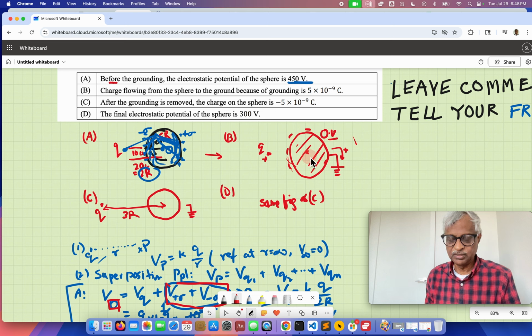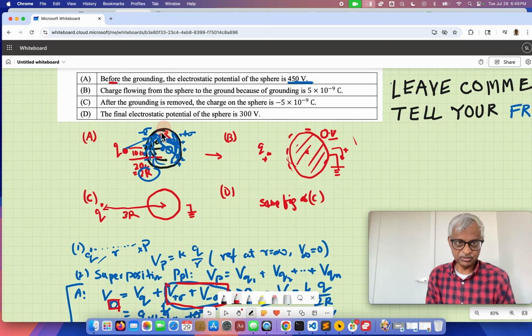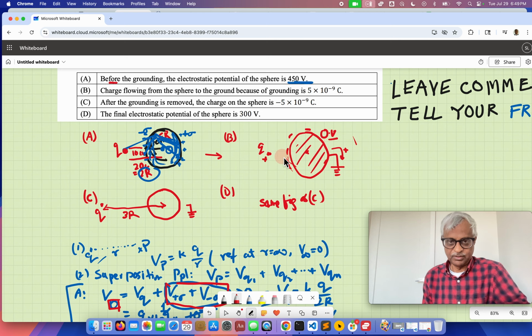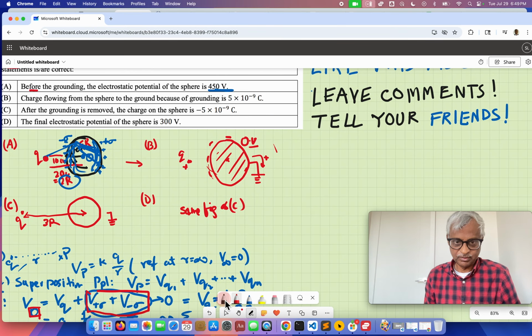I'm going to put its potential, and the potentials must add up to 0, right? From here we already know this guy's potential is 450 volt. So this guy is producing 450 volt on this. Let's work it out right here on the right side. 0 volt is equal to what's produced by charge A plus what's produced by the sigma minus.